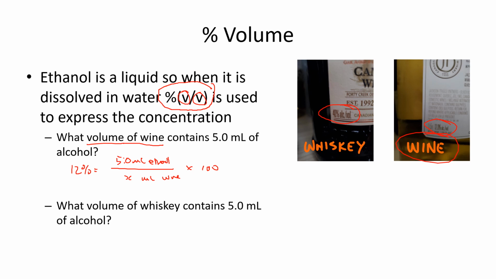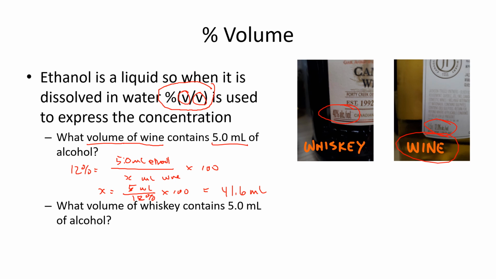And so to rearrange that, X equals 5 milliliters divided by the 12%, that's 12 times 100. 5 divided by 12 times 100 equals, and that means you would need to drink 41.6 milliliters of wine in order to consume the 5 milliliters of alcohol.